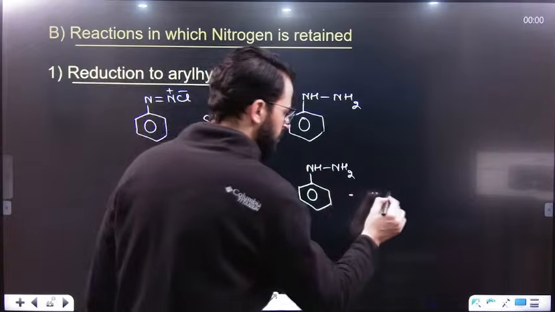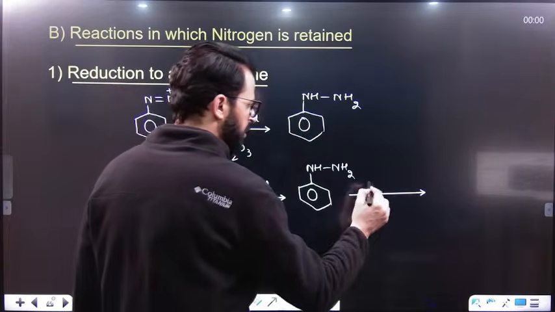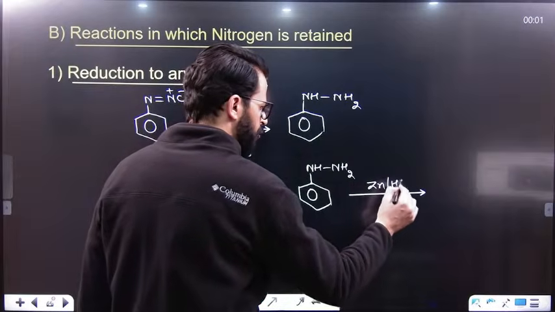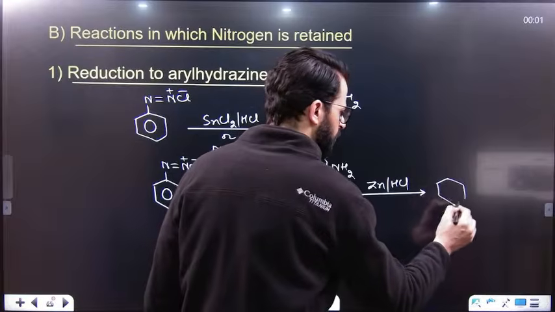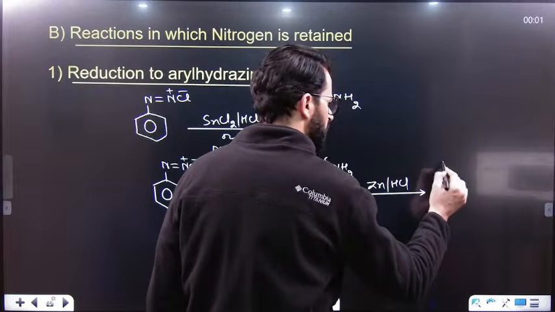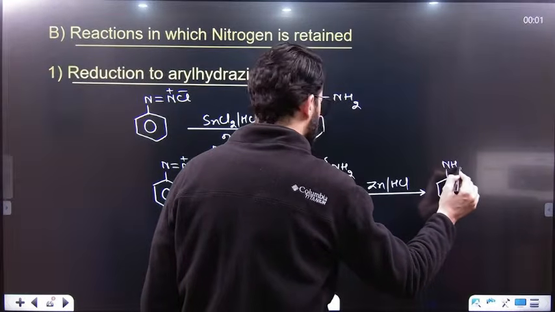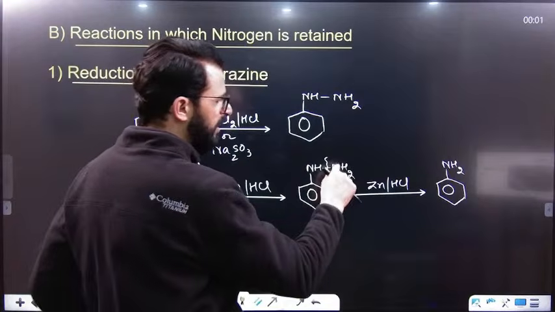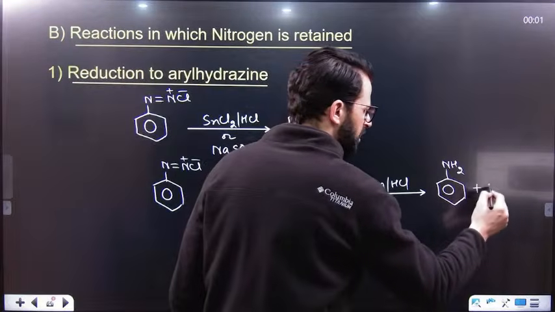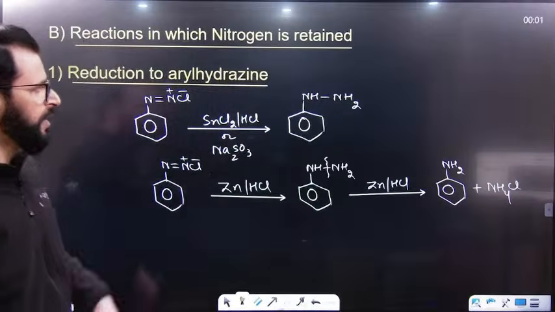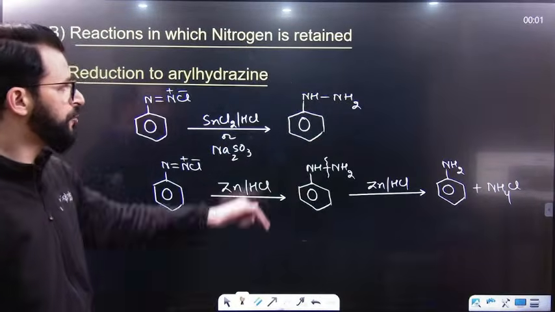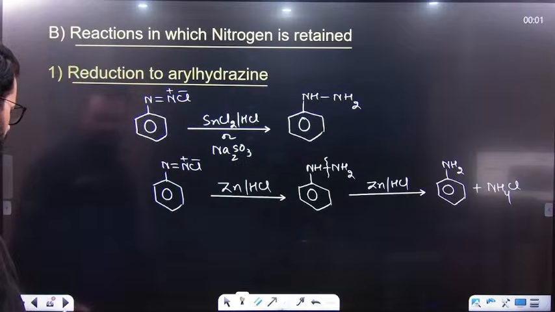It will further undergo reduction like this, and it will break this bond, and here H will be added, so it will become NH2. This becomes NH3, but that NH3 will react with HCl and results in the formation of NH4Cl. So here nitrogen is retained, nitrogen is attached to this benzene ring.